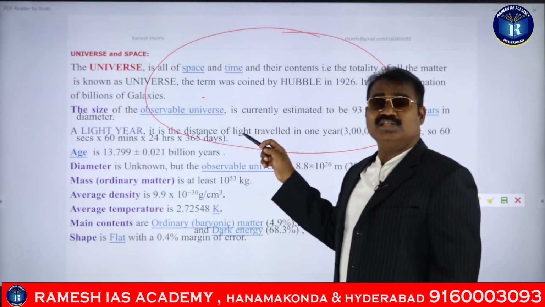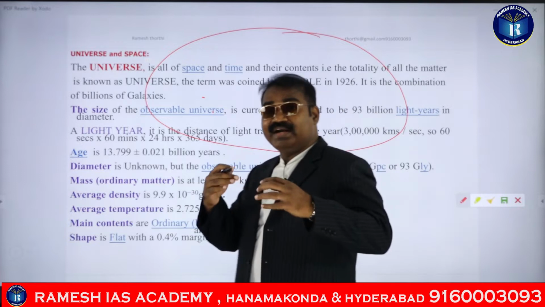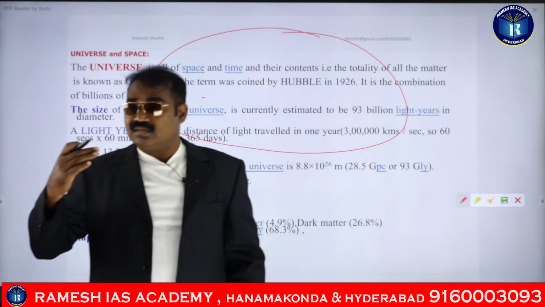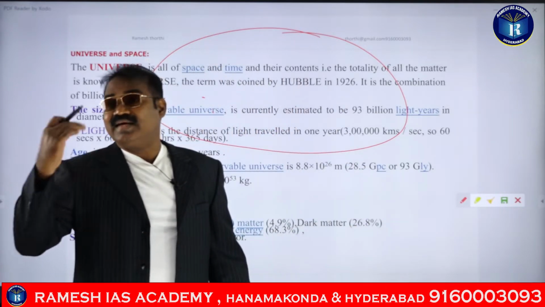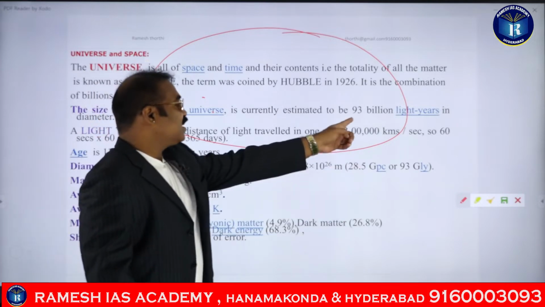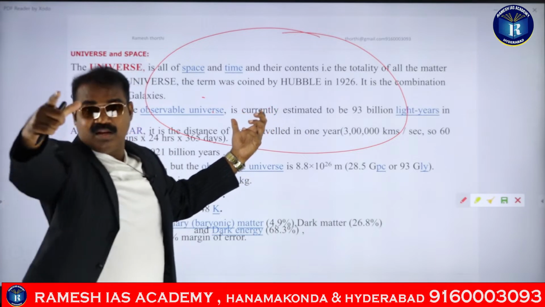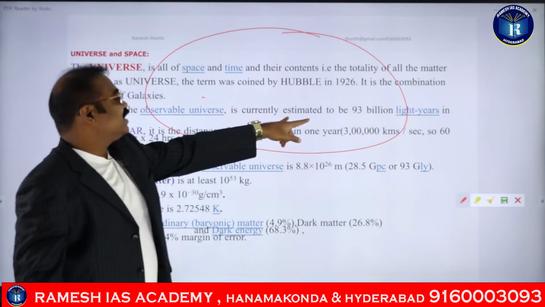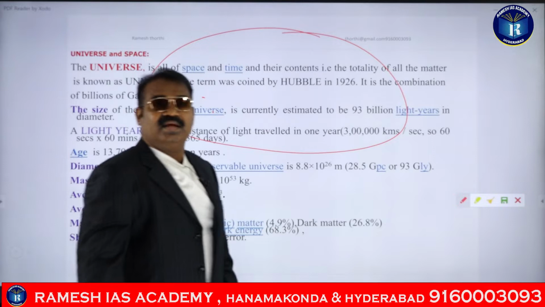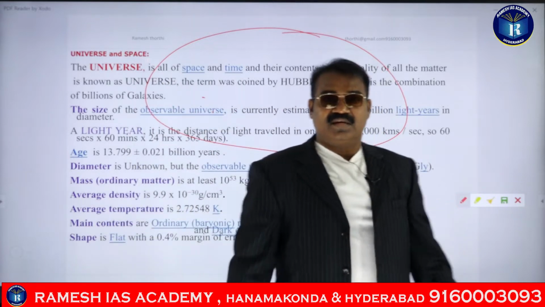If you multiply all these, you will find the distance light has traveled, and that is called 1 light year. Till now the observable universe is estimated to be only 93 billion light years.